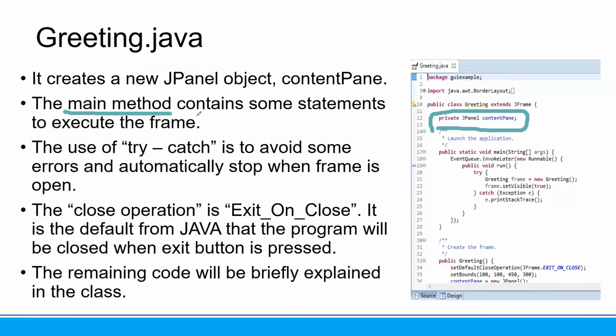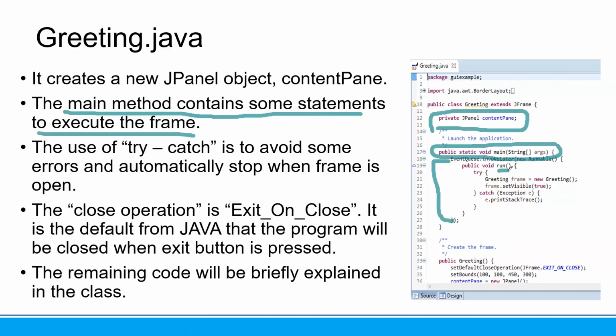And the main method contains some statements to execute the frame. If you can see, there is one main method, and this main method is only about running or executing the frame.